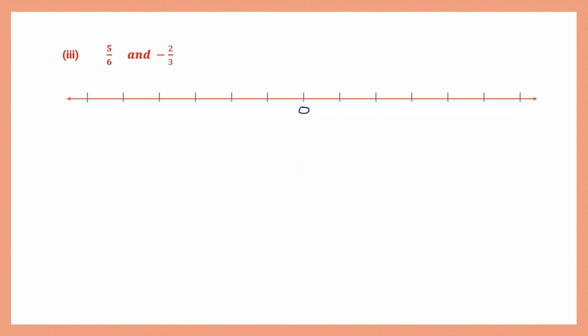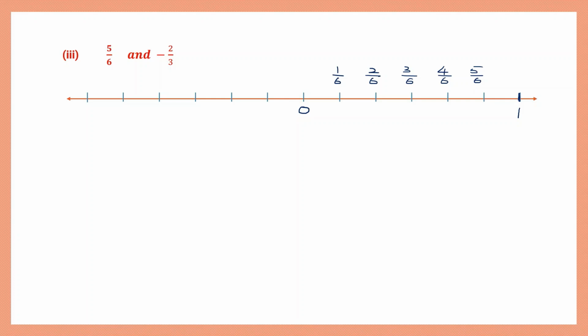So let's mark that. So this is where you will have 1. And each part is a fraction. That means here we will have 1 by 6, 2 by 6, 3 by 6, 4 by 6, 5 by 6, and the next one is 6 by 6, which is equal to 1.